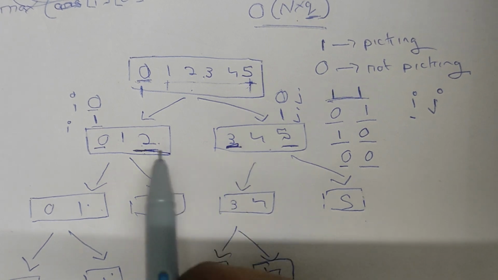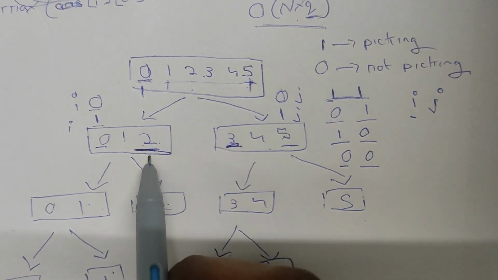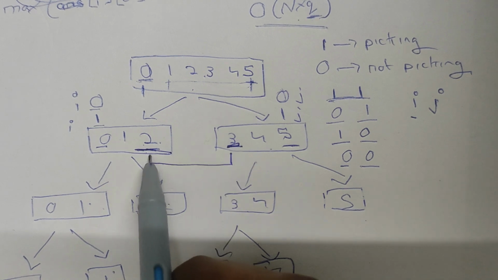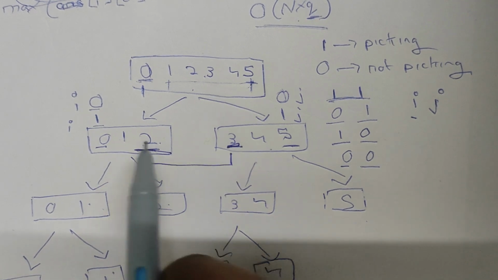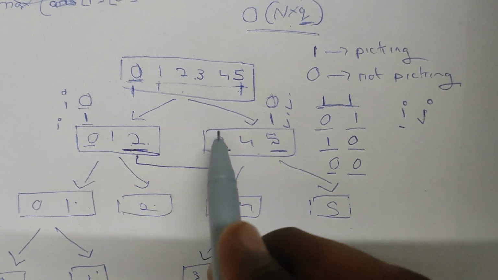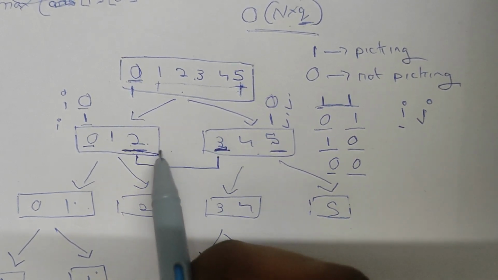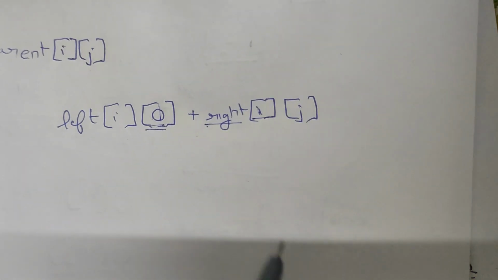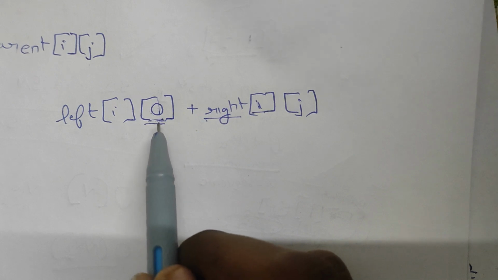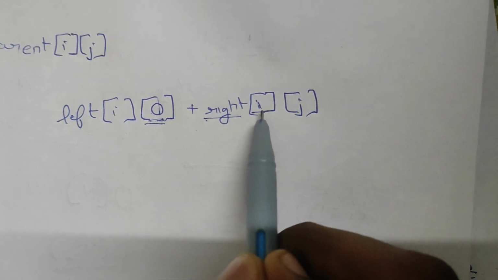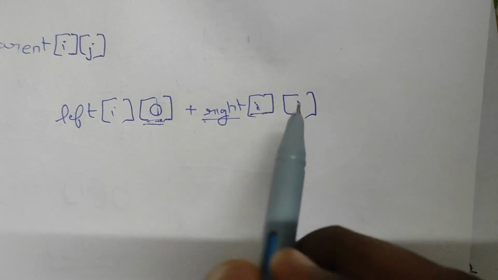So there is no condition against leaving 2 adjacent nodes not chosen, right? So we can either leave these 2 nodes as unchosen, or we have the option to choose any one of these, but not both of them. So that's what we are writing the conditions over here. So since the left child didn't choose the rightmost element, the right child can choose the leftmost element.